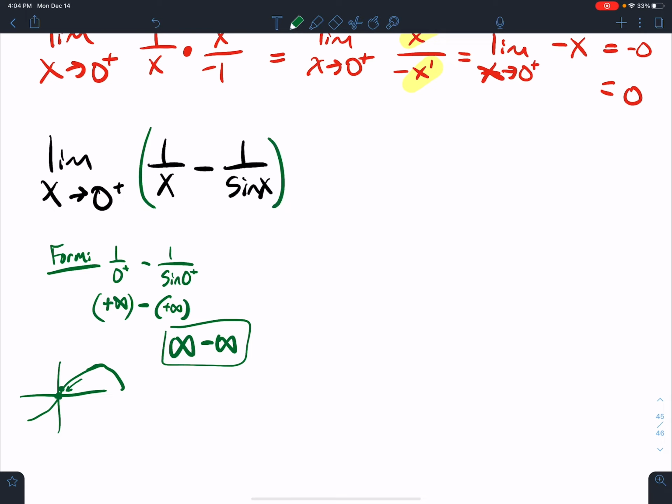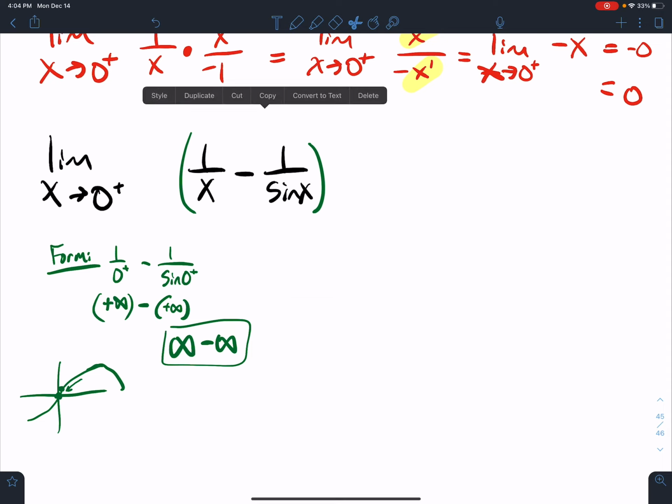How can I combine these to potentially make it L'Hopital ready? Well, what I can do is get a common denominator, all right? So let's do that. How do we do that with 2 fractions? In order to add 2 fractions, what do you need to have? Well, you've got to have a common denominator. So I'm going to multiply through.